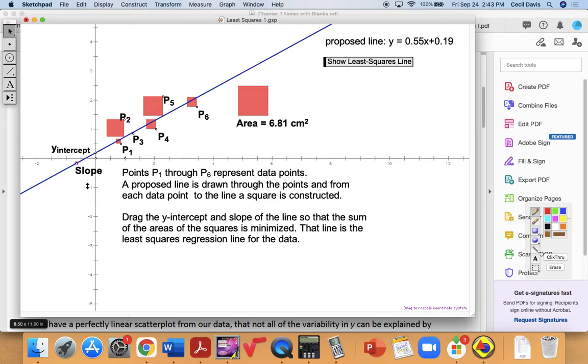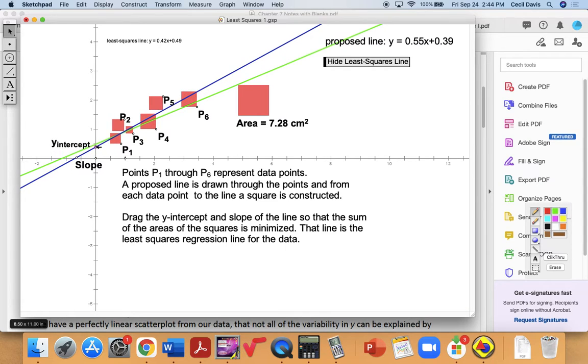So there will be a slope and a y-intercept that minimizes this value. That's not too bad. Let's see, what is it actually? Oh, there's what it should actually be. Not too far off. So we would have had to have gone this way, which seems counterintuitive at first, but then done like this.